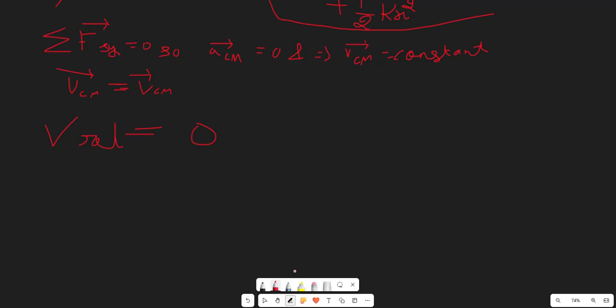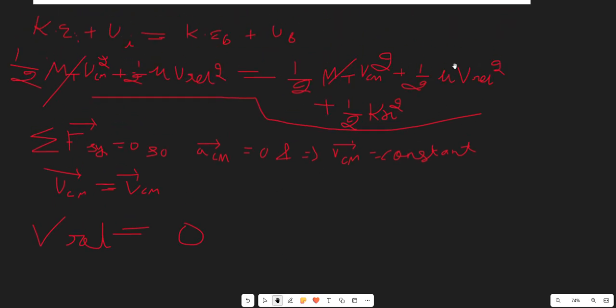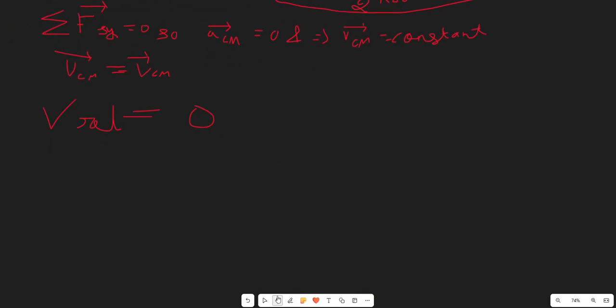So this part will also be equal to zero because v relative is zero. Now the part which we have is half mu u relative square is equal to half k x square.